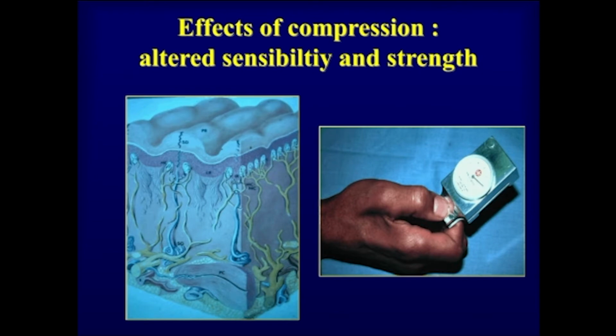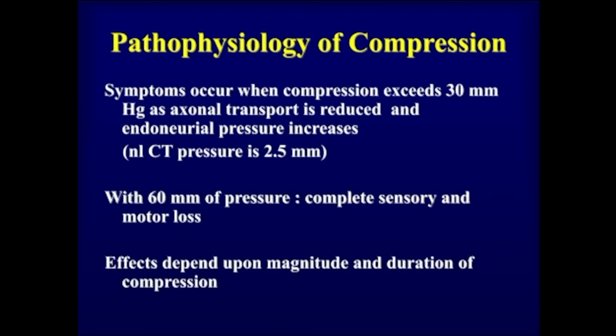So what are the kinds of effects that compression syndromes produce that we note when patients complain and what we evaluate? The two things that we critically need to evaluate are the alteration in sensibility and the alteration in strength. As far as the pathophysiology of compression, the amount of compression significantly affects the ability of nerves to conduct electrical impulses.